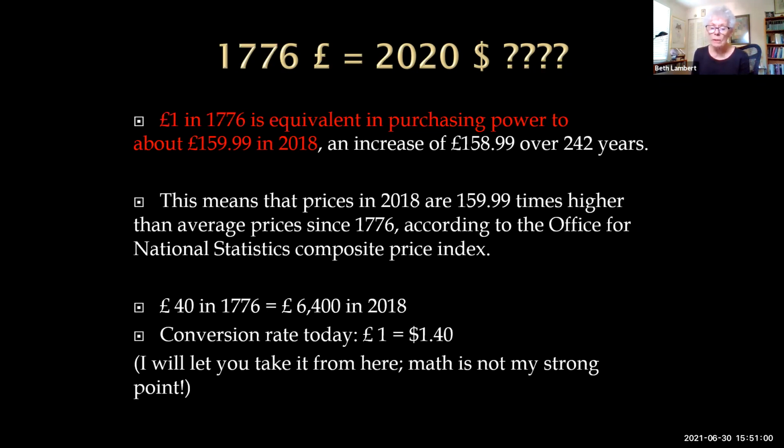This means that prices in 2018 are 159.99 times higher than average prices, according to the Office for National Statistics. And as you can see, and I plead, I am not a mathematician. I went to the Office for National Statistics and pulled this stuff off.